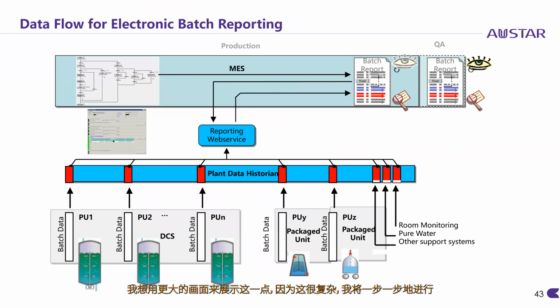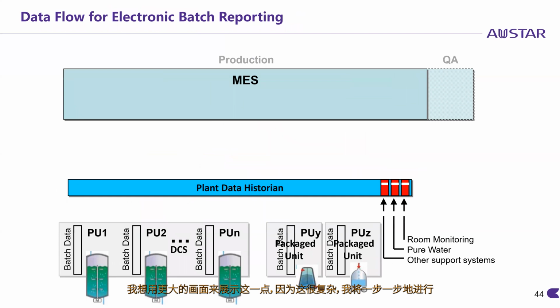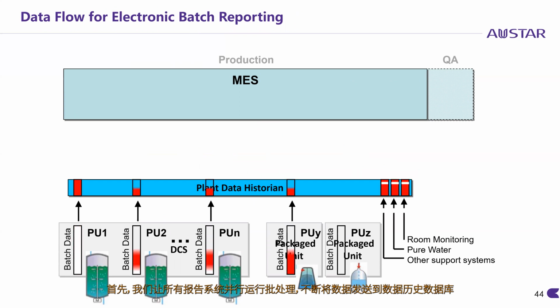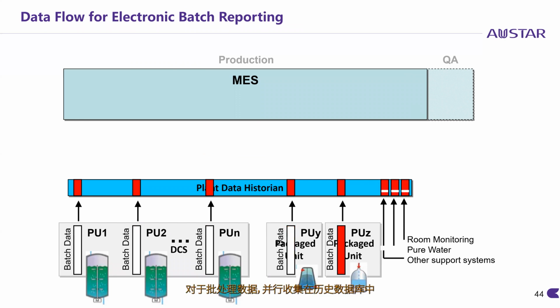I'd like to show this in a bigger picture. As this is complicated, I will go through it step by step. First we have batches running in parallel, with all the supporting systems continuously sending data to the data historian. So the batch data are collected in the historian.